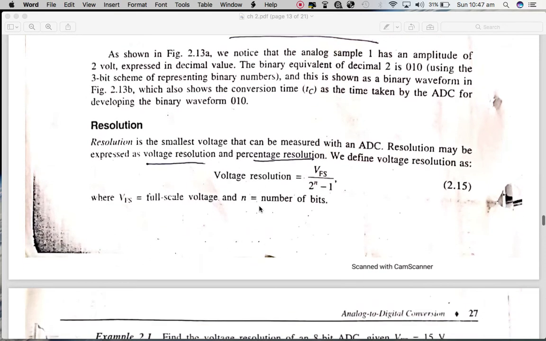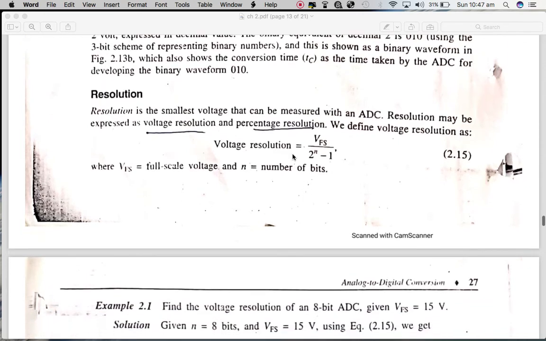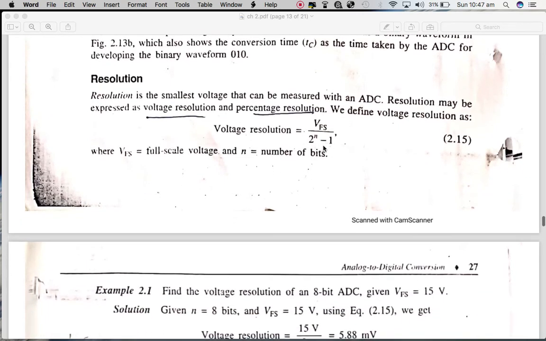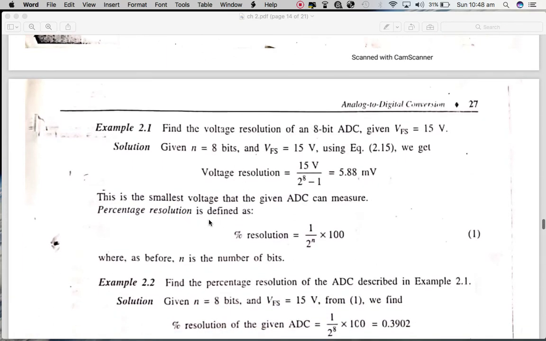Then we see the resolution, which is the smallest voltage which an ADC can measure. Resolution can be analyzed by voltage resolution over here with this formula, which involves the n bits of the quantizer and the full scale voltage, which is the maximum voltage which an ADC can measure, and it can also be analyzed in the form of percentage resolution by this formula.